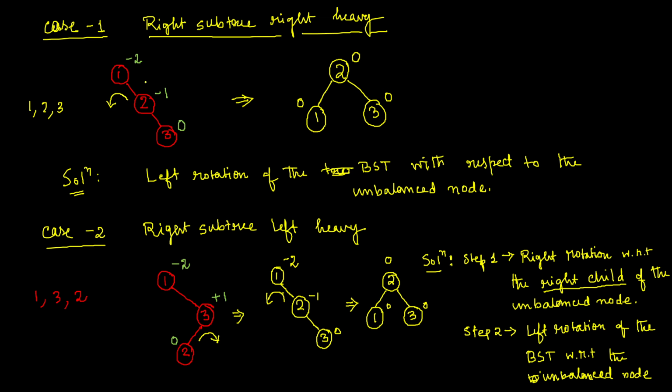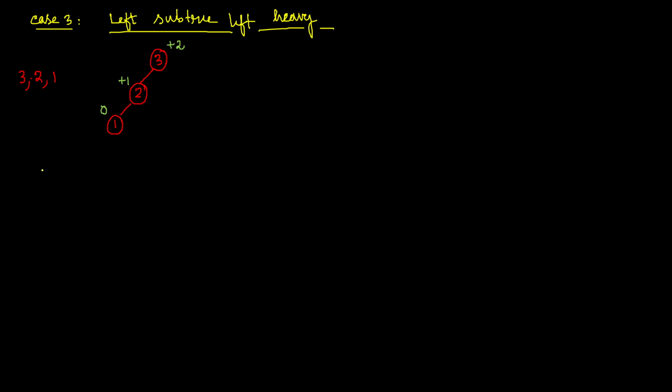So I hope you can easily guess what the solution for this situation can be. The solution is the right rotation. Now right rotation with respect to the unbalanced node.